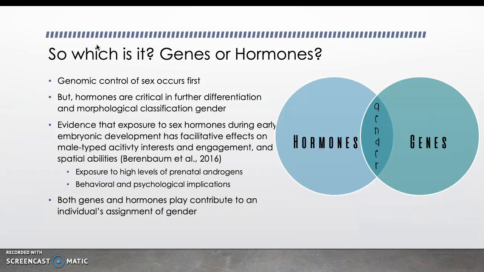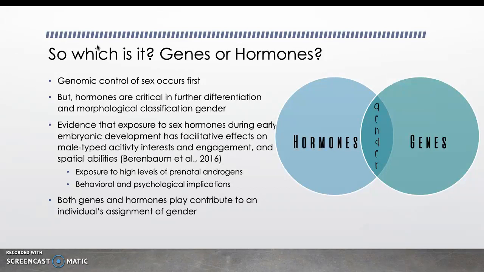We opened this discussion of gender by looking at several factors contributing to gender identity. One of these was a psychological influence, and it's interesting to note that there is evidence to suggest that exposure to sex hormones during early embryonic development has a facilitative effect on male-typed activities, interests, and even spatial ability.